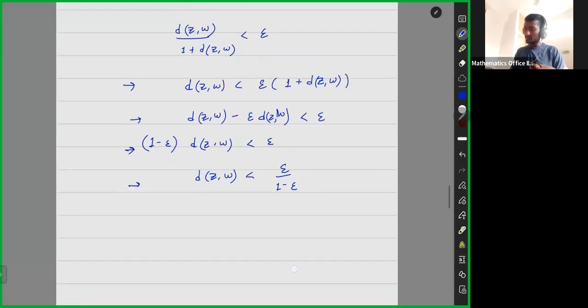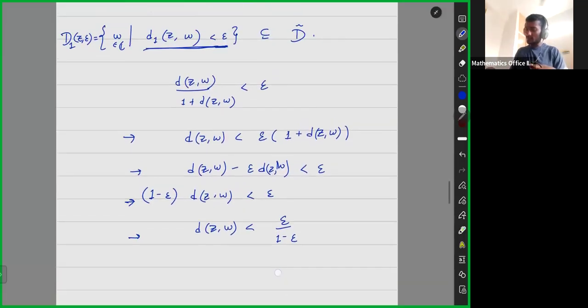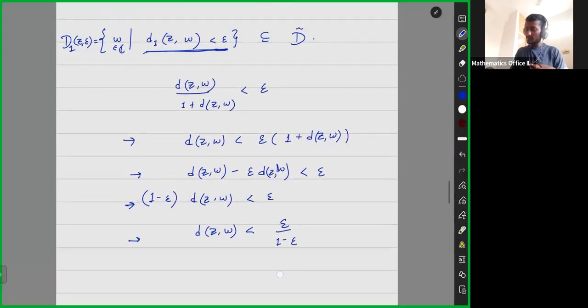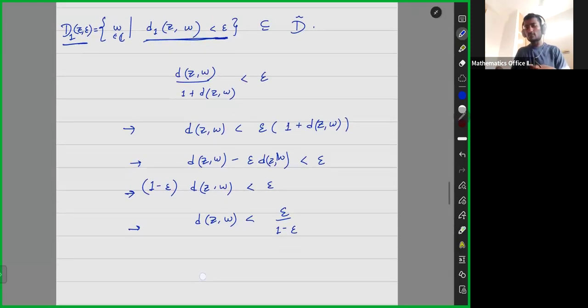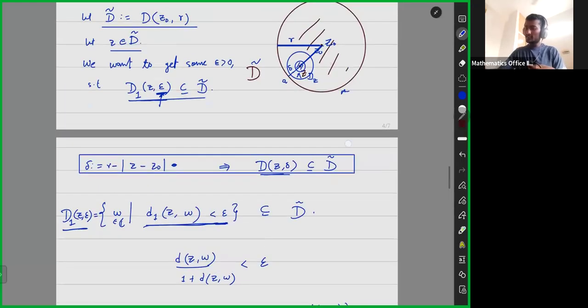These steps are required. Now, when we have this D1 ball of epsilon around Z, it is related like so. We want d(Z,W) to be contained inside the biggest ball, so the distance should be less than this delta.